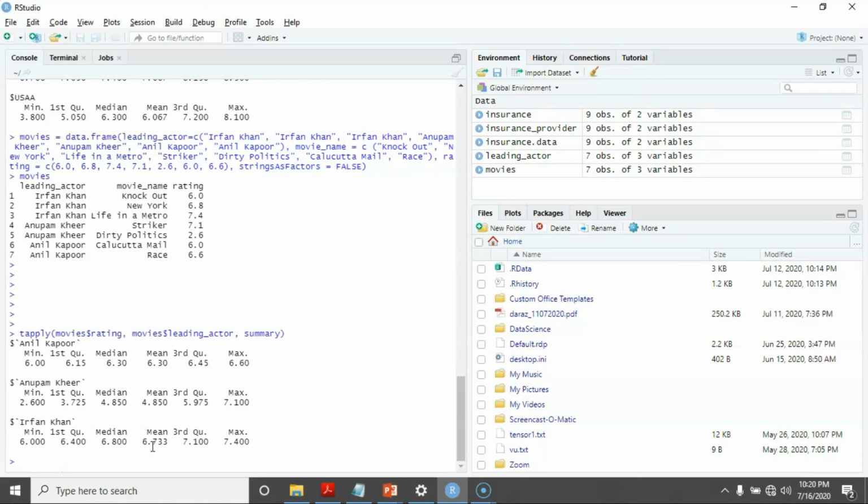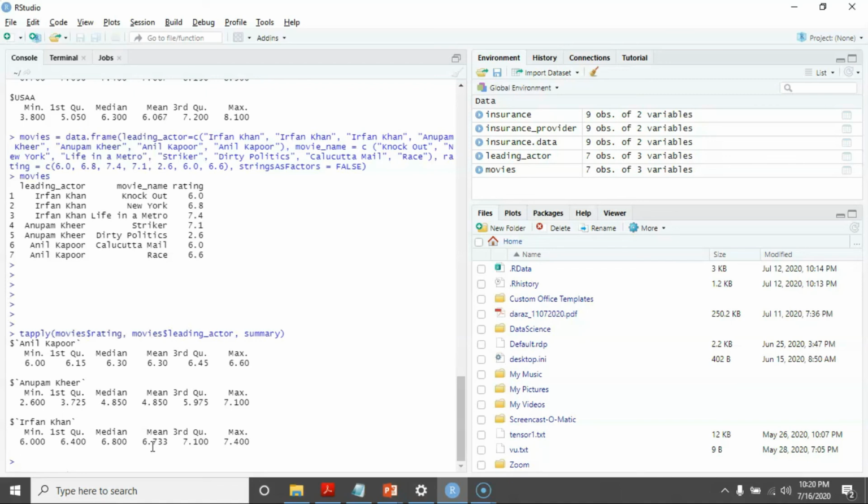So with this we can conclude that, using this data set and this basic summary analysis, it is recommended to watch an Irfan Khan movie in comparison with an Anil Kapoor or Anupam Kher movie.